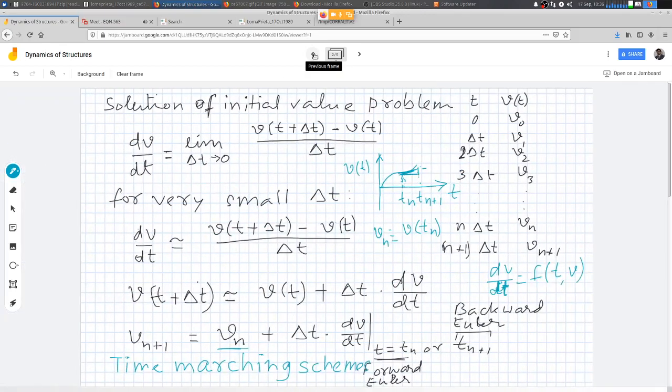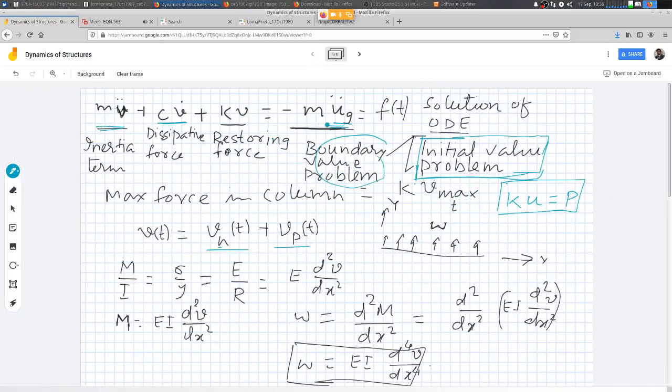Now we come back to the question. You have the excitation defined for a given single degree of freedom system. You know the parameters of the system: mass, damping and stiffness.